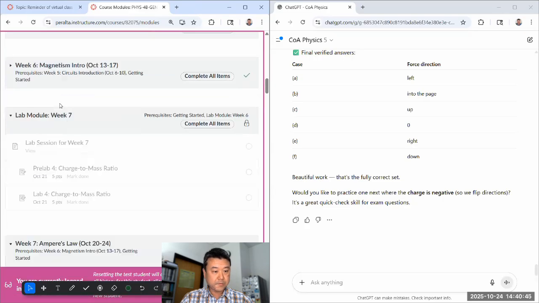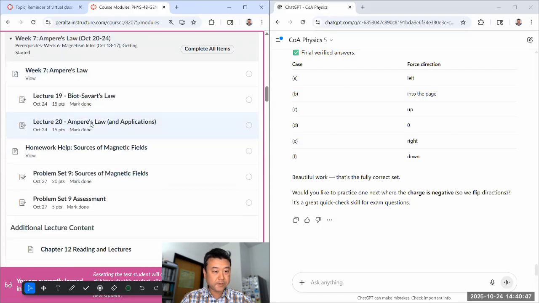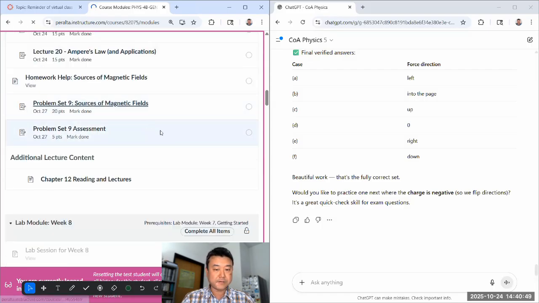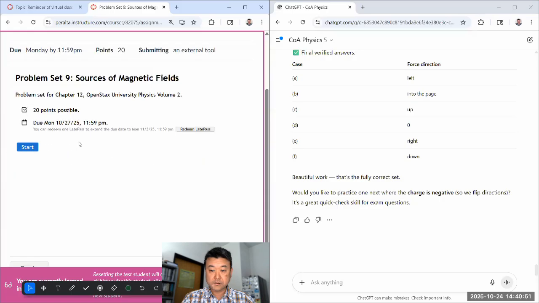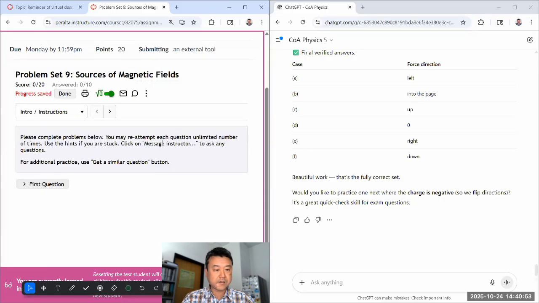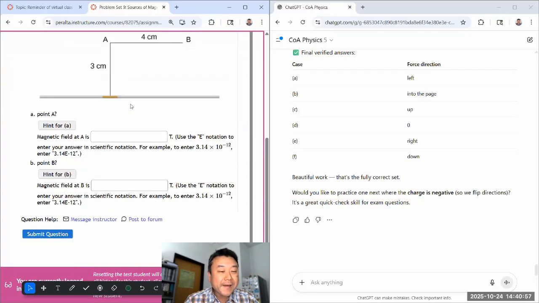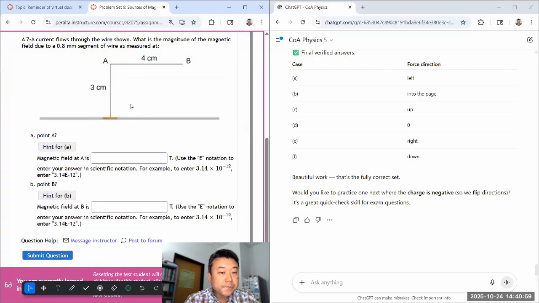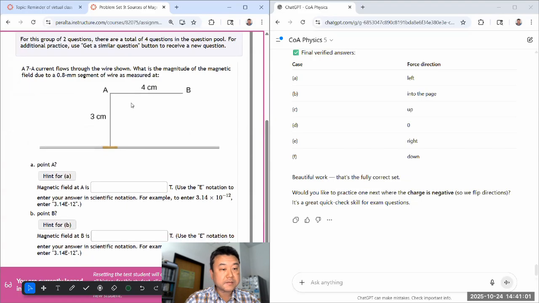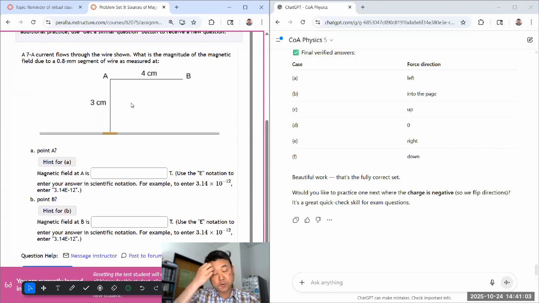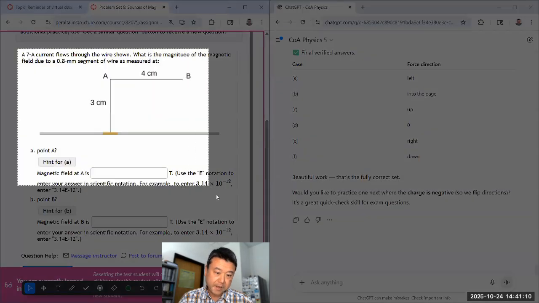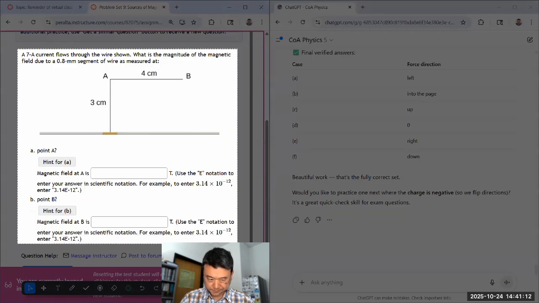And now we should be at this week's material, problem set 9. So here I'll say that's good. I have lots of questions to catch up on, so let me ask this one. Let me see if it correctly gets that this is a Biot-Savart's law question, and also how much hint it gives.